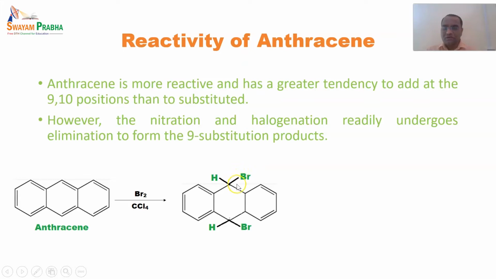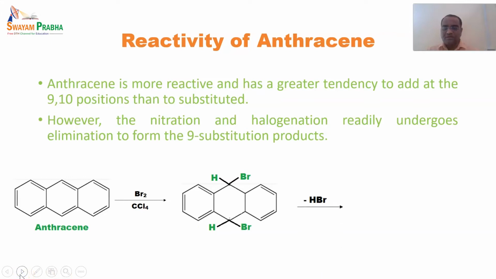This is also an electrophilic aromatic substitution, because the positive part of bromine reacts with the carbon at the 9th position, and similarly at the 10th carbon the positive part of bromine reacts with the pi bond, and after breaking the pi bond it forms one more new sigma bond.